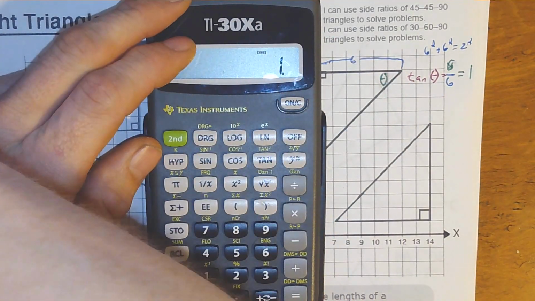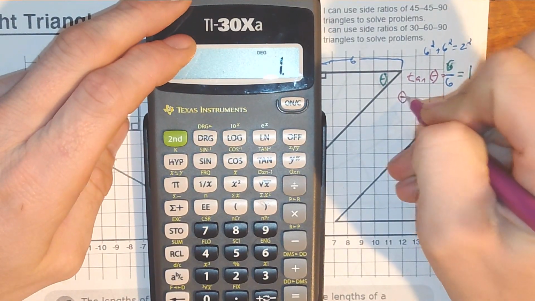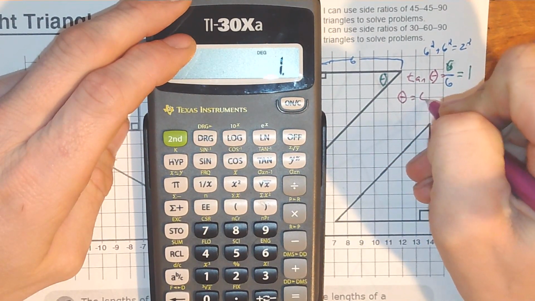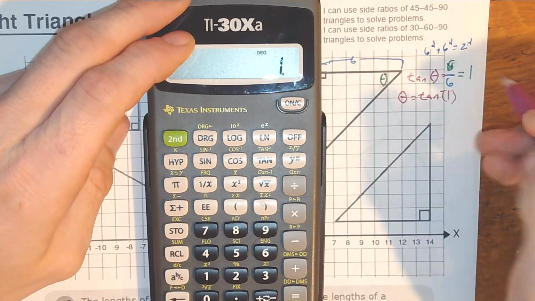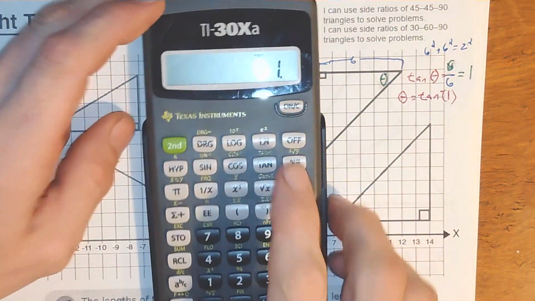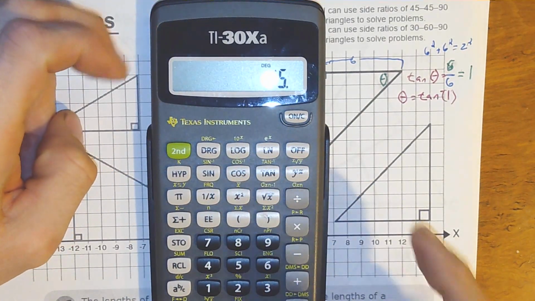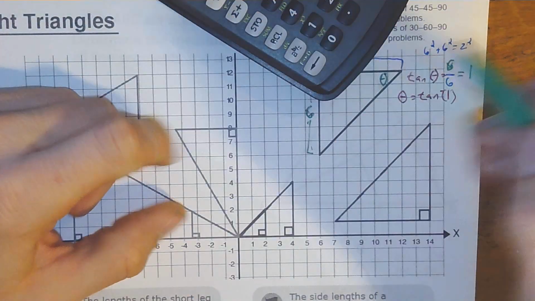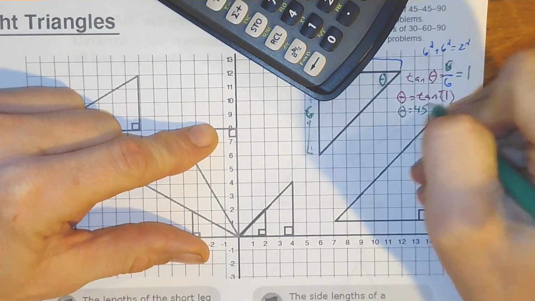If I want to solve for theta, I go theta equals the arctangent of 1. So theta equals 45.